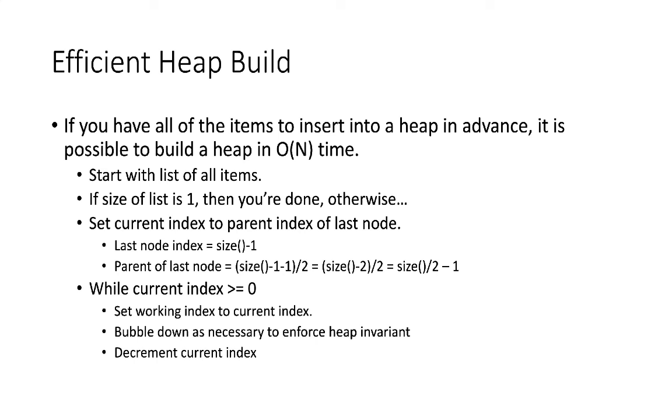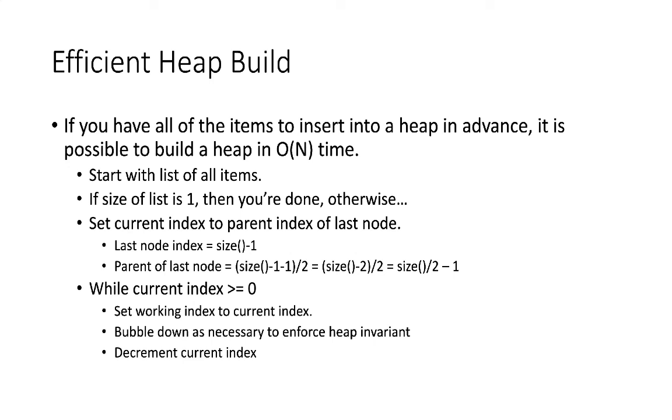So the index of the parent of the last node is the size of the list minus 1, that's the index of the last node, minus 1, and then all of that divided by 2. So that turns into the size of the list minus 2 divided by 2, which is simply the size of the list divided by 2 minus 1. So basically, you start halfway into your list, right?